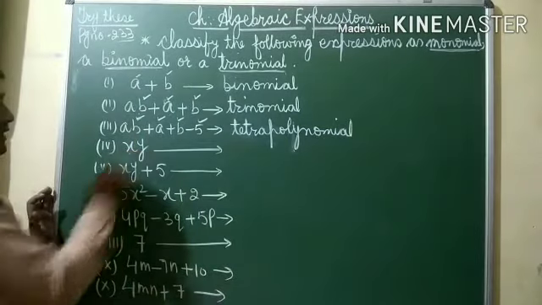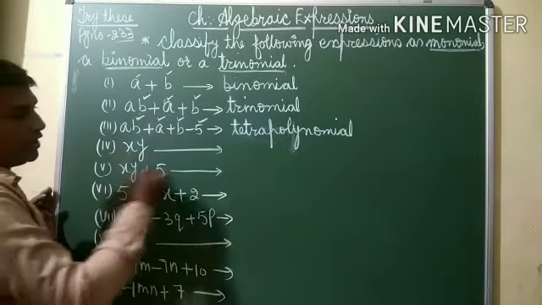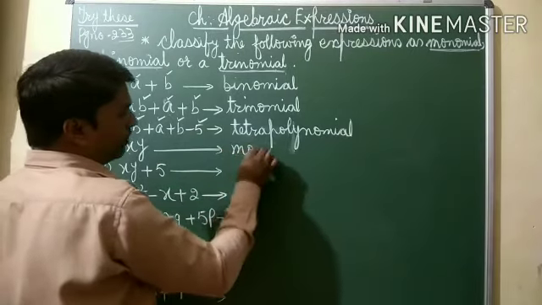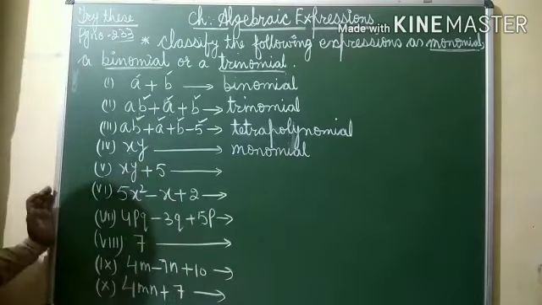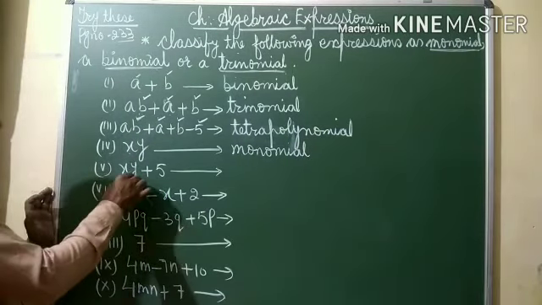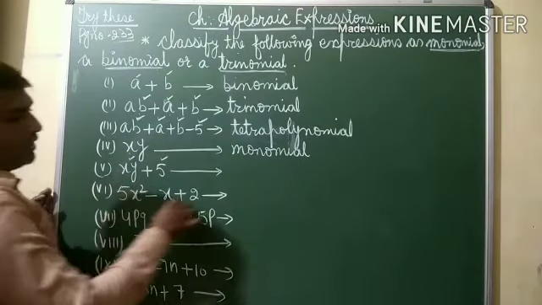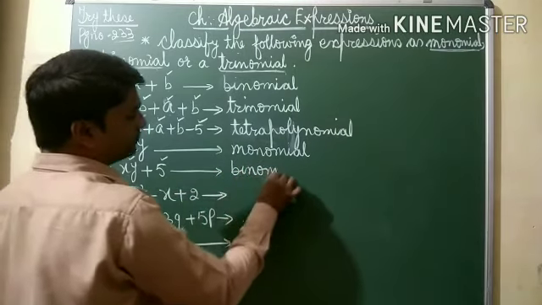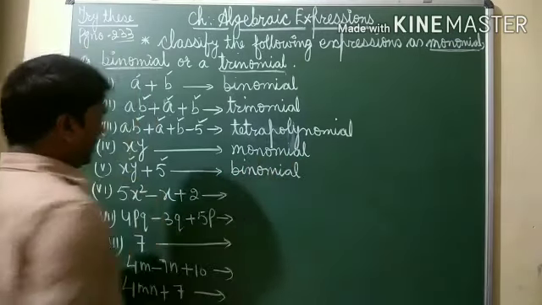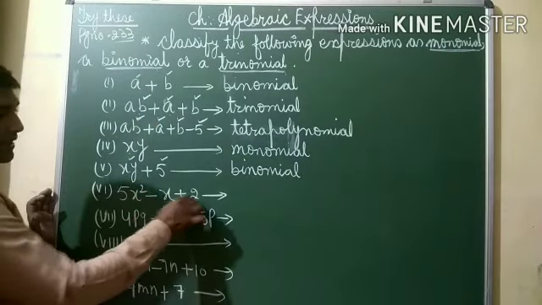Next is xy. Since this expression contains only one term xy, therefore this is a monomial. Next is xy plus 5. Again, this expression contains two unlike terms, that is xy and 5. Therefore, xy plus 5 is a binomial. Next is sixth part, 5x square minus x plus 2.